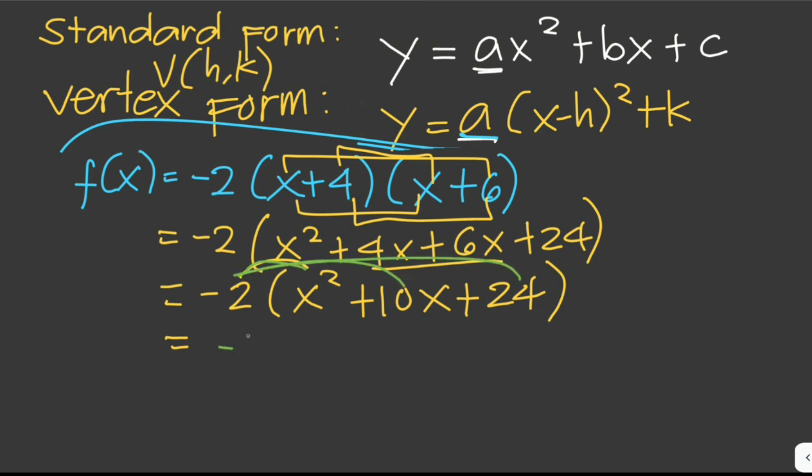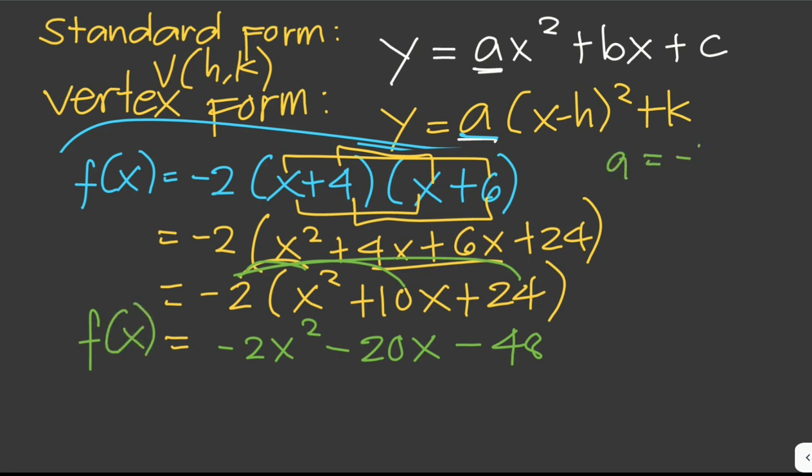So this would be negative 2x squared, and negative 2 times 10 is negative 20, so negative 20x, and negative 2 times 24 is negative 48. So this is now our function. So a here is negative 2 and b is equal to negative 20.